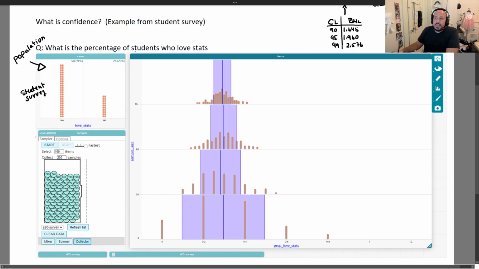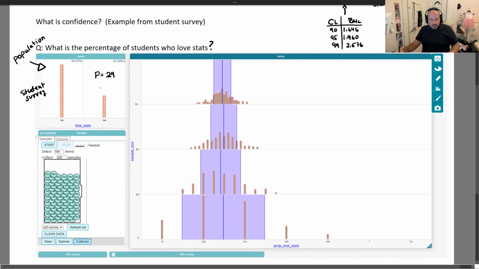In this population, what we were really looking at was the percentage of students who love stats. And what we found was that our P, the percentage of students who love stats in our population, is around 0.29 or 29%.